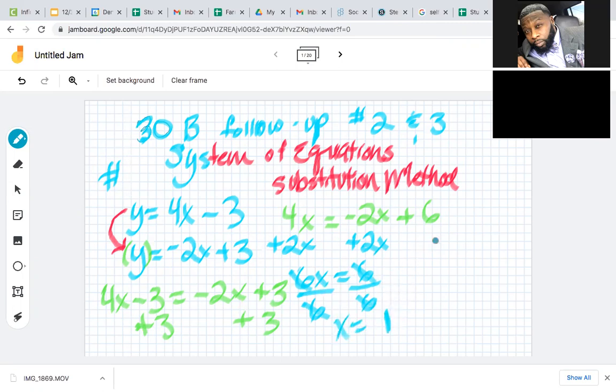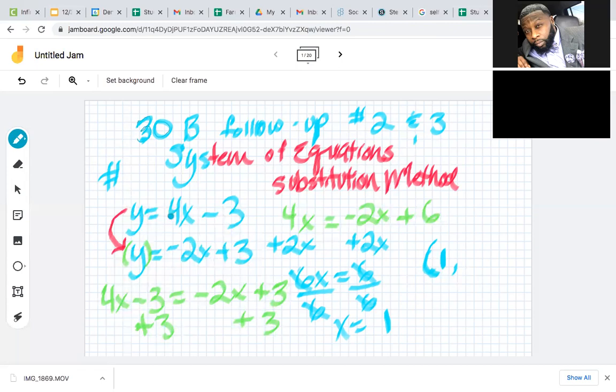All right, so if we're looking for an ordered pair, when it gives you a system, it's always referring to you graphing it. All right, so we have the X value of 1. So how are we going to find the Y value? We just found the X value is 1.